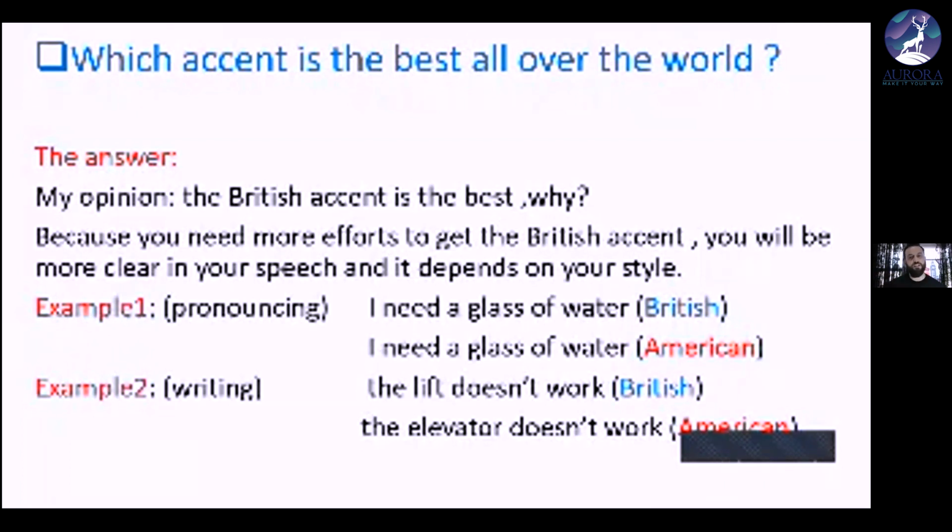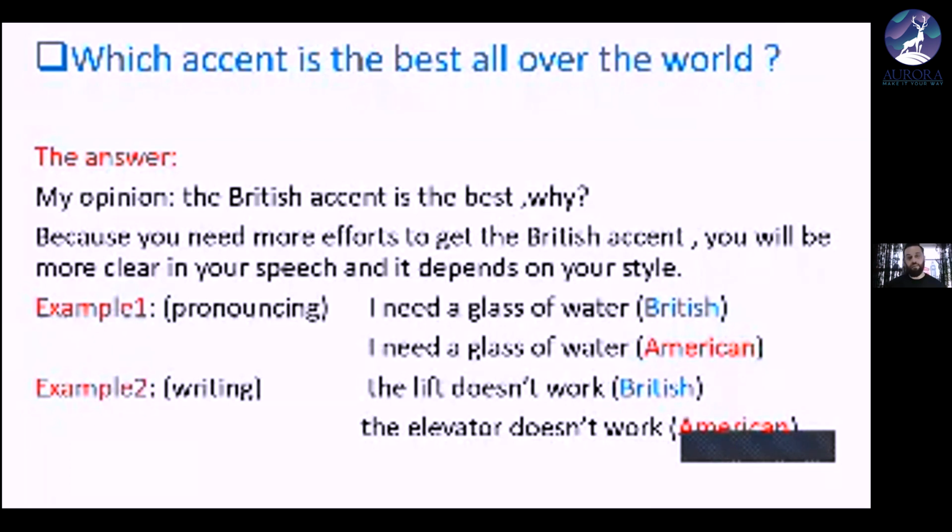The second one is American, the red one: the elevator doesn't work. So we have two words, lift and elevator. The same meaning for them. But the British people use lift, and the American society uses elevator.